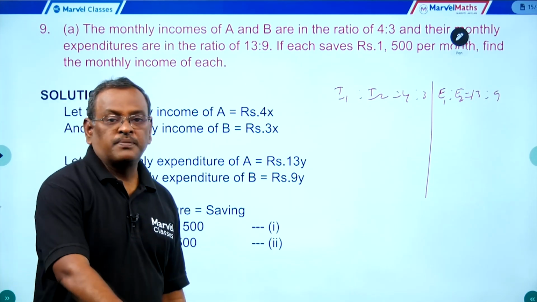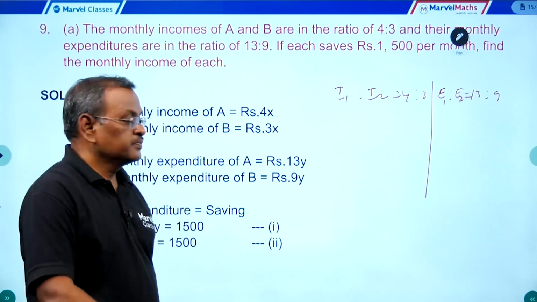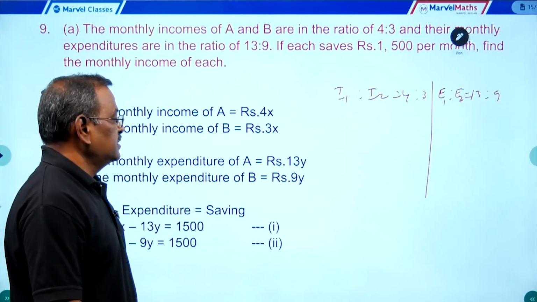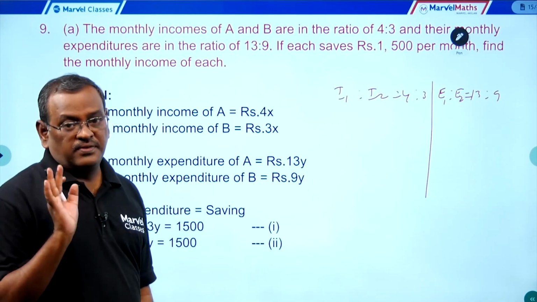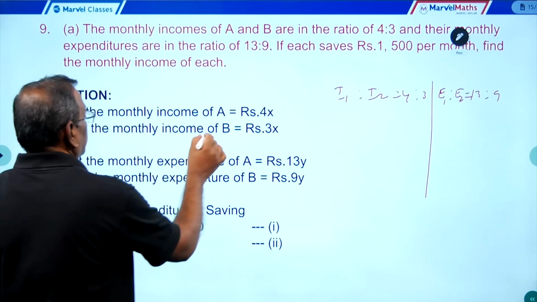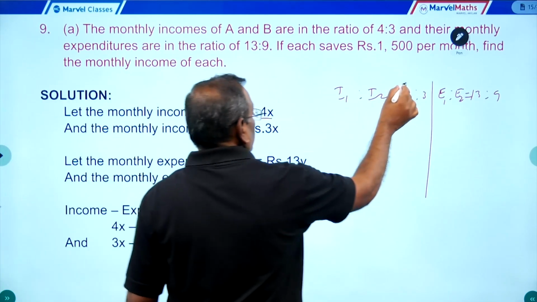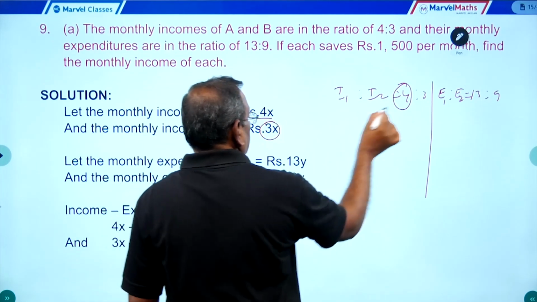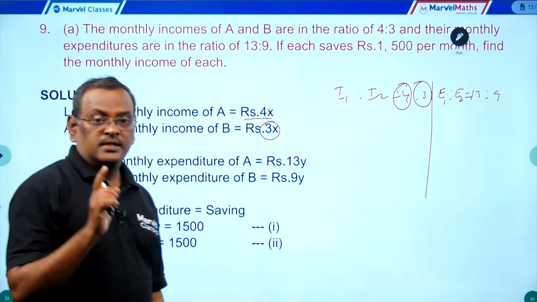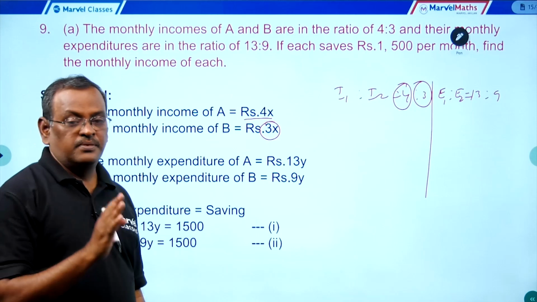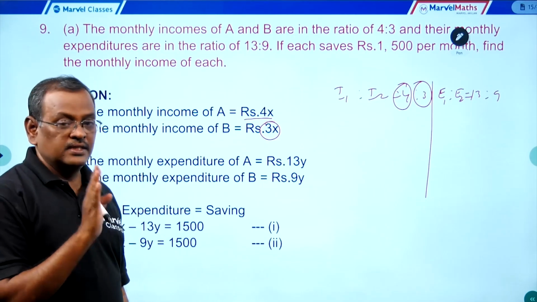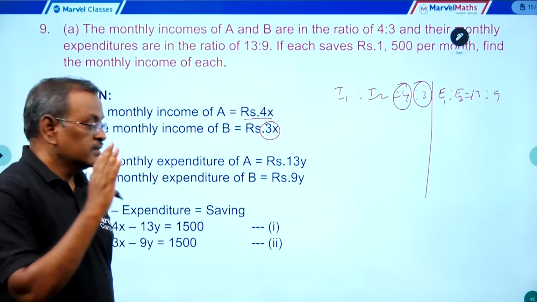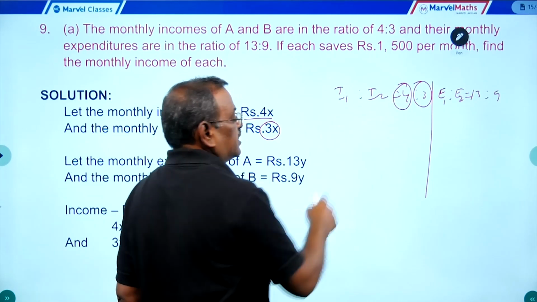So this is a problem related with savings. Now first, the assumption is very, very important. The monthly income of the first person is 4x, and the monthly income of the second person is 3x, because it is a ratio related problem.